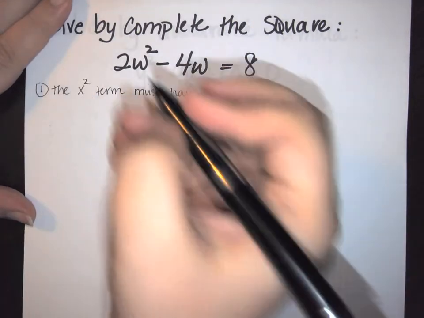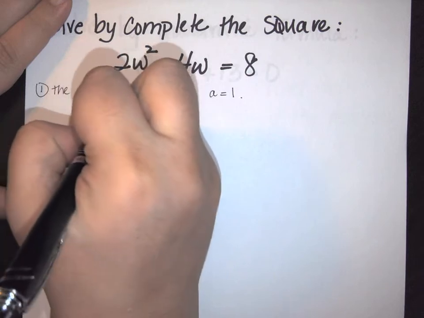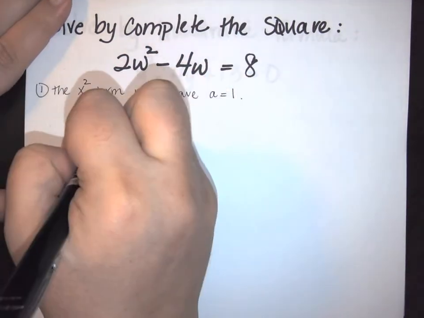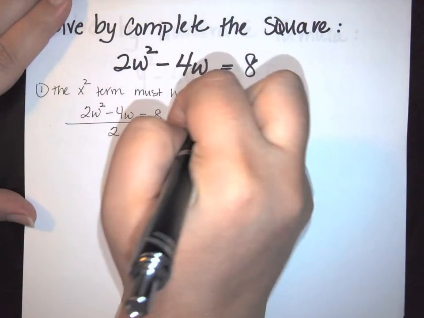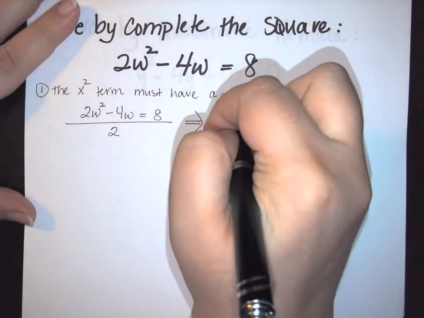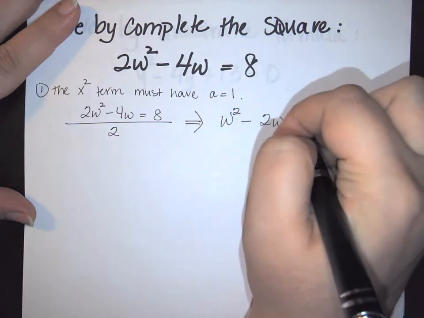So in this case, I have 2w squared minus 4w equals 8. I have to divide everything by 2, so this reduces to w squared minus 2w is equal to 4.